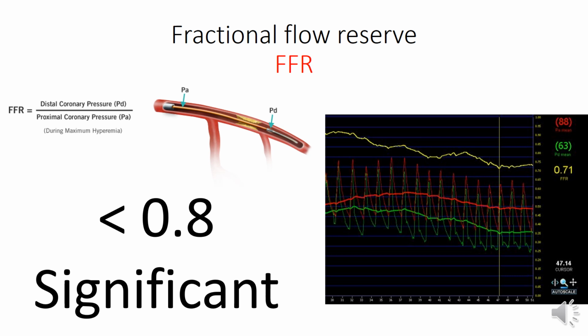So we measure the proximal pressure, which is measured from the engaged catheter, and the distal pressure using a certain pressure wire, plotting them against each other after elimination of resistance by giving adenosine. This gives us a ratio of the pressure distal and proximal to the lesion. If this number is below 0.8, this is a significant lesion. In this example, it is about 0.71, so it is a significant lesion.